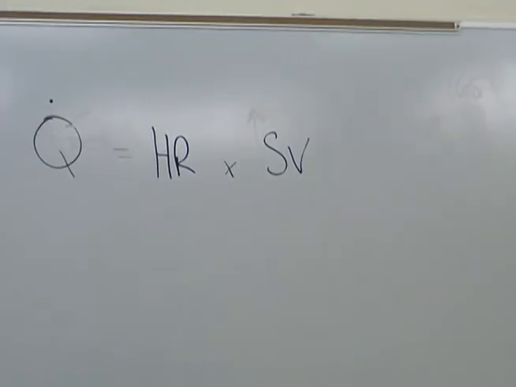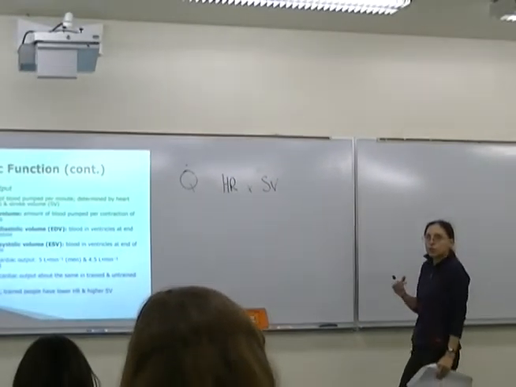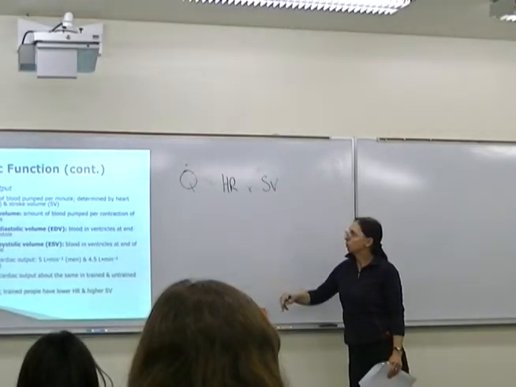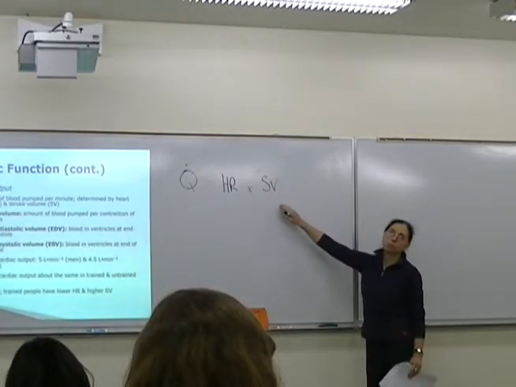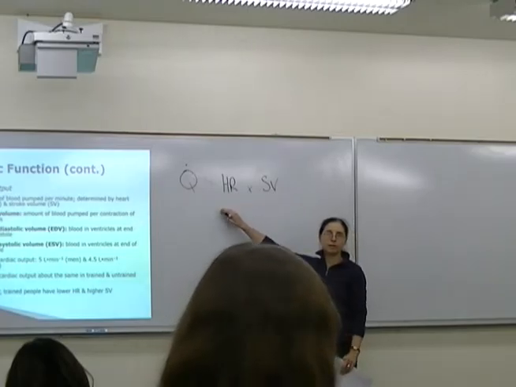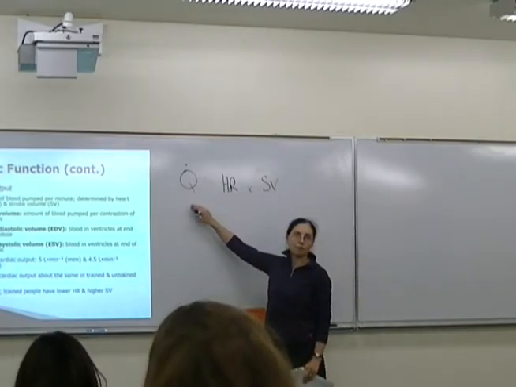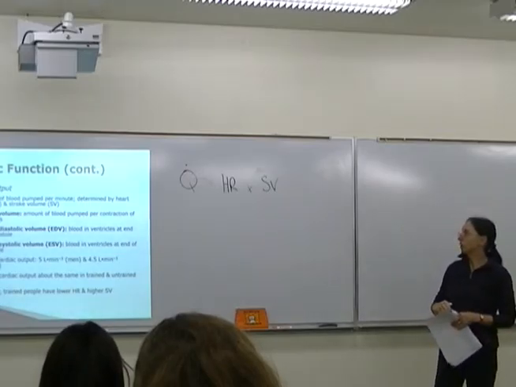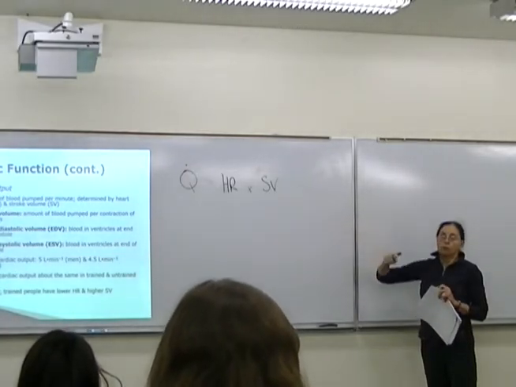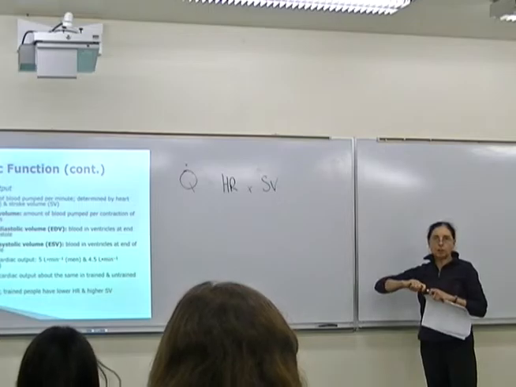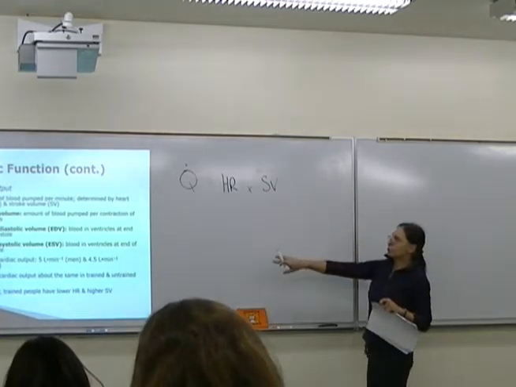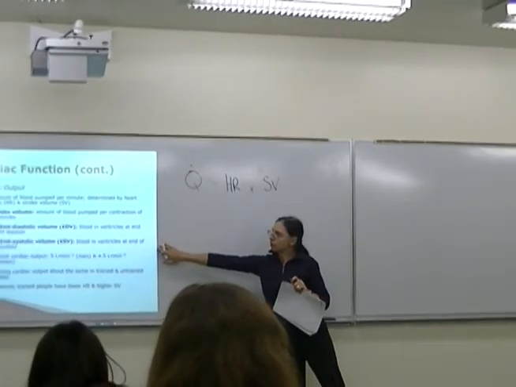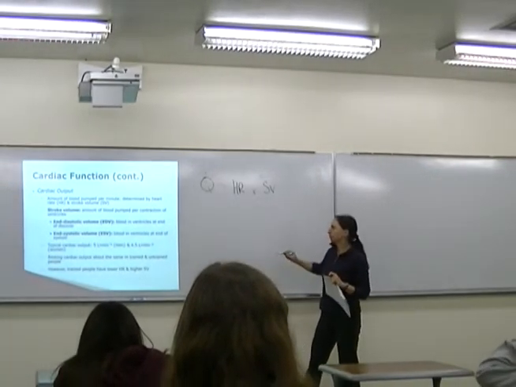How much blood is pumped out per squish, per contraction, is stroke volume. How many times it contracts is heart rate, which gives me how much blood per minute. When they measure stroke volume, they use two interim volumes, end diastolic and end systolic.